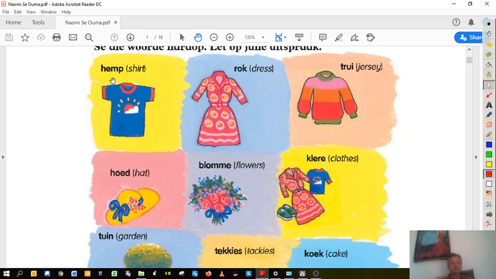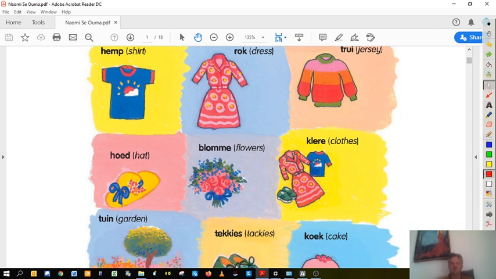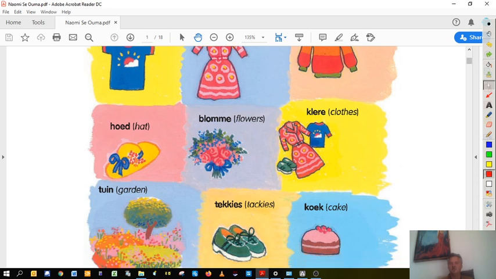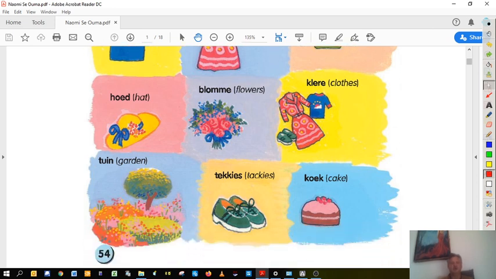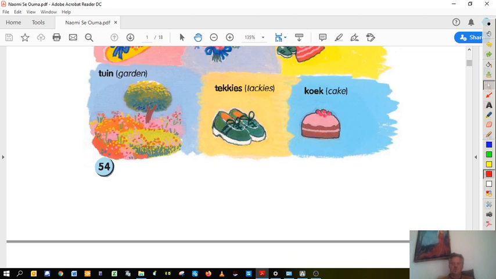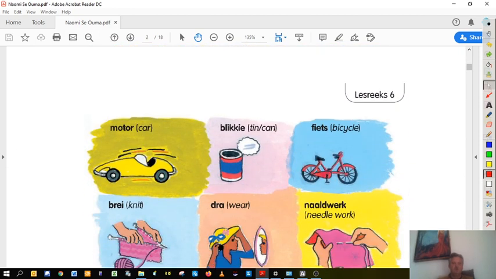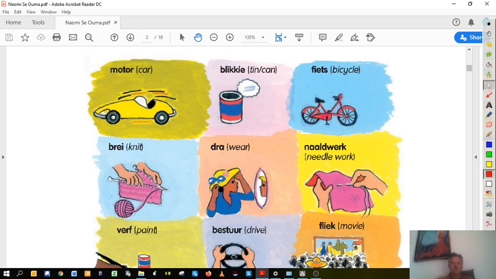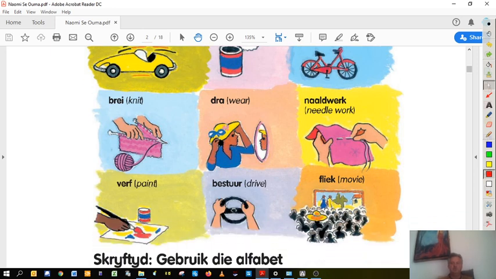First word that we've got here is hemp, which means shirt, rok, which means dress, trui, which means jersey, and so it continues. It's pretty self-explanatory because the English word is right next to the Afrikaans word. And it continues on to page 55. And there's some more words all the way up to the end here, which is flick.